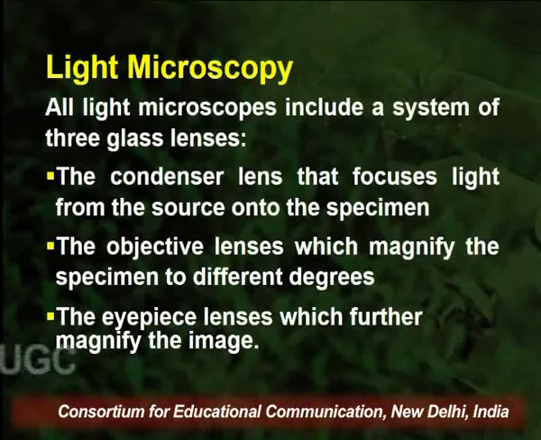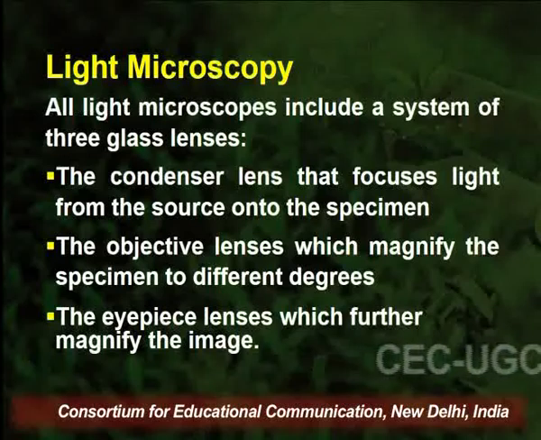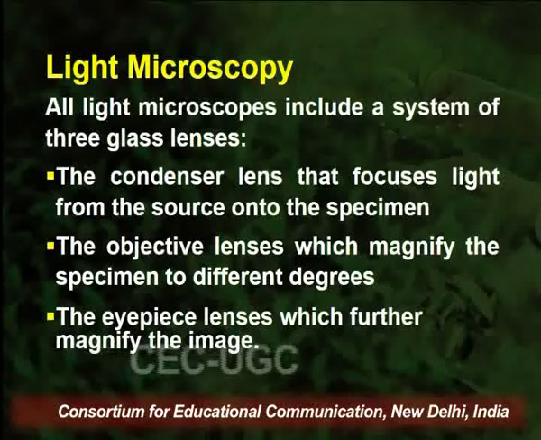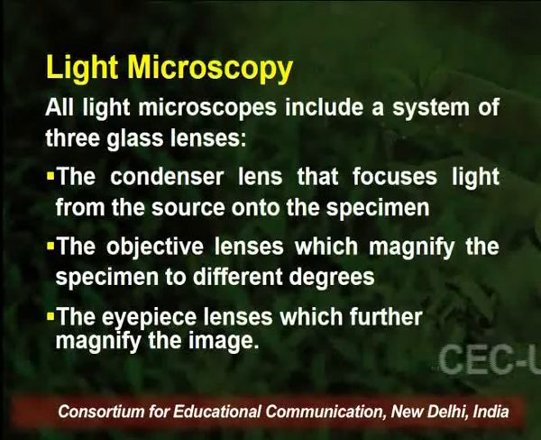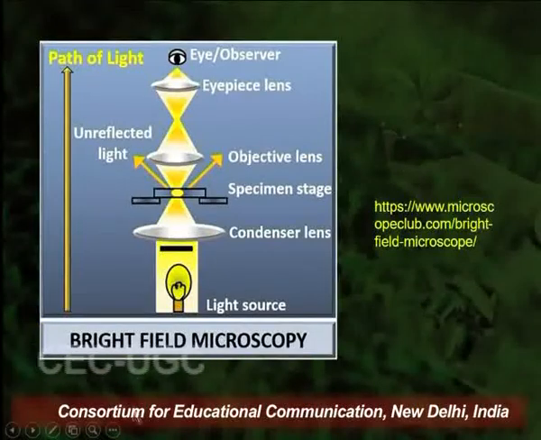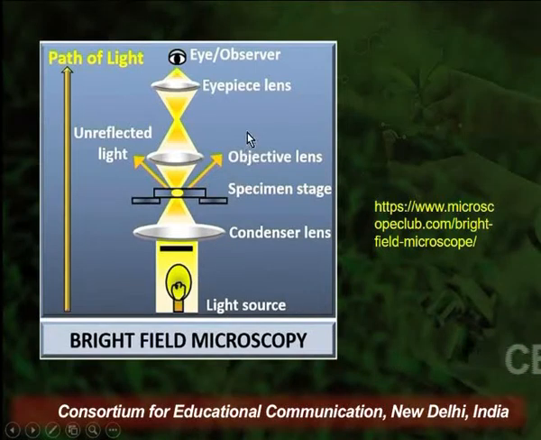The condenser lens focuses light from the source onto the specimen. The objective lenses magnify the specimen to different degrees, and the third set of lens happens to be the eyepiece lenses, which further magnify the image. So we can see with this diagram that in a bright field microscope there are three sets of lenses.